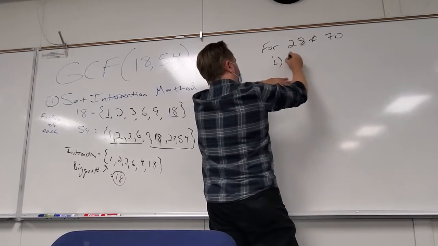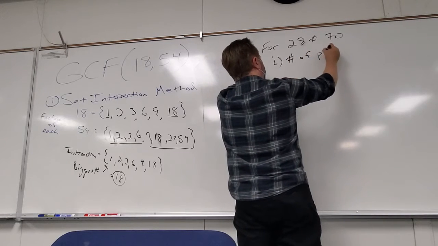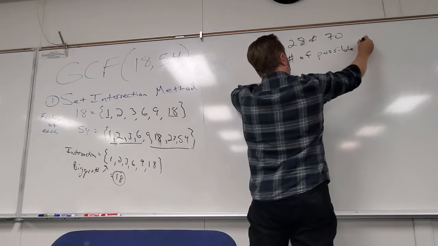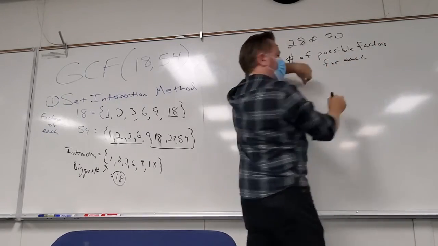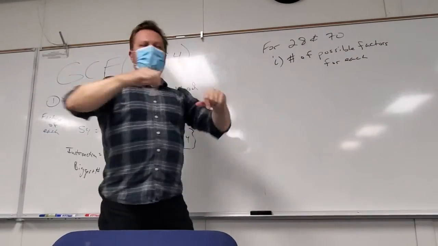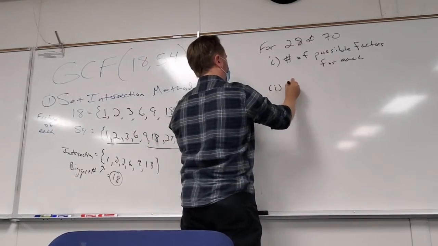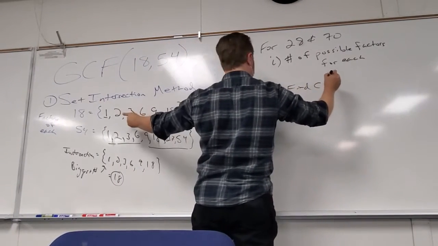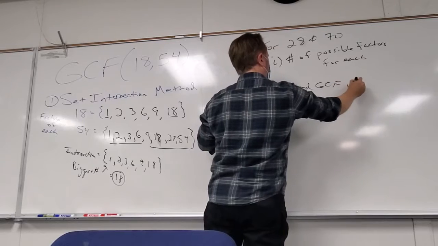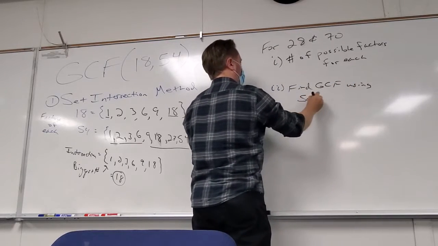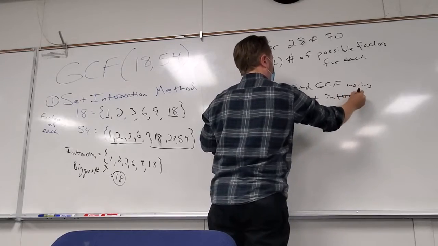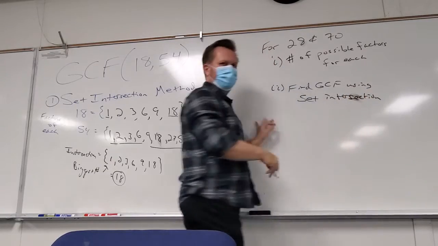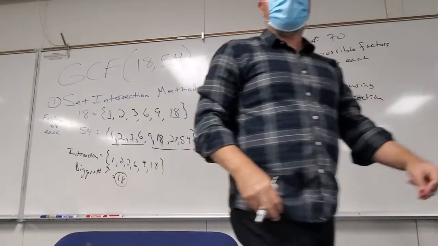Find the number of possible factors for each. Right? That's where you do the powers. And then find the GCF using this method. Using set intersection.